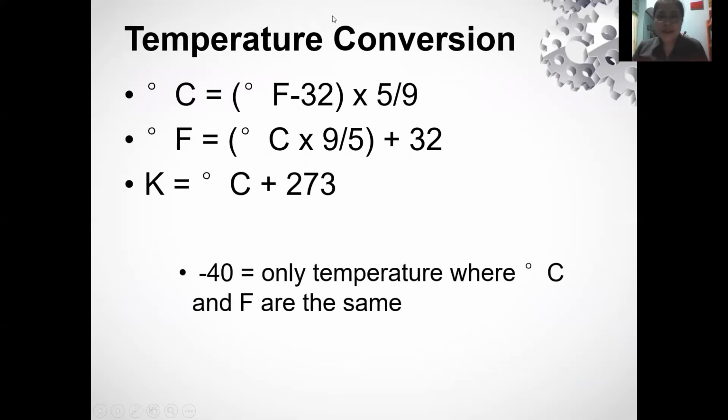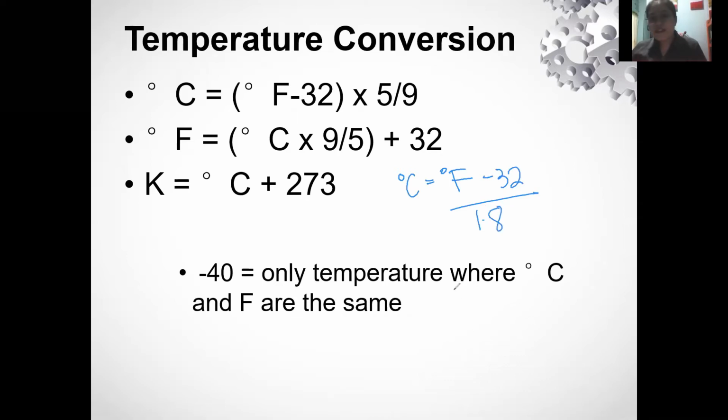So last time, I gave you an easier formula for temperature conversion. So let's have a review. I have given you this formula: degree Celsius is equal to degree Fahrenheit minus 32 divided by 1.8.